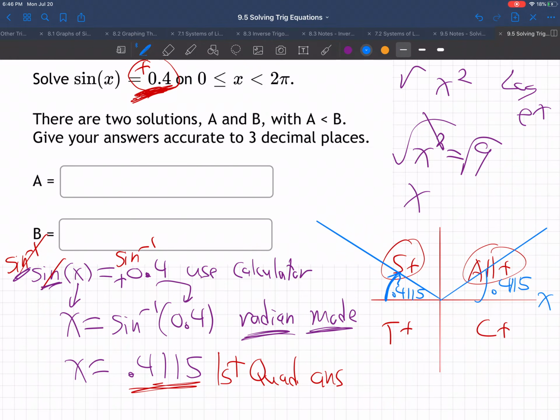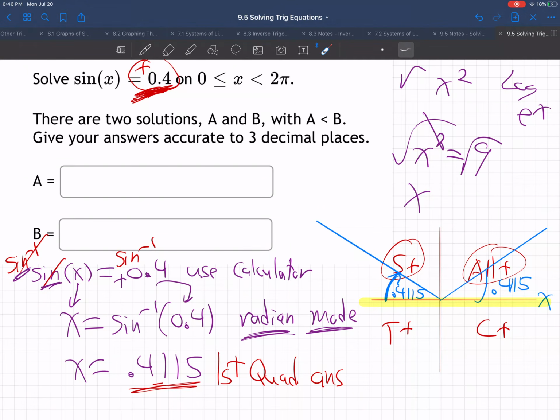If you go the same distance, let me be really clear on this, if you go the same distance off the x-axis in any quadrant, then you're going to get the same value. So if we're 0.4115 above the x-axis in the first quadrant or the second quadrant, we're going to get the same value for sine. And it's going to be positive in both. We'd get the same value down here and here, but they would be negative, and we just want sine positive 0.4. Okay, so that's our other angle.